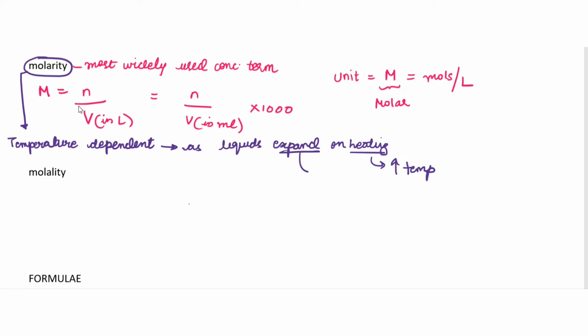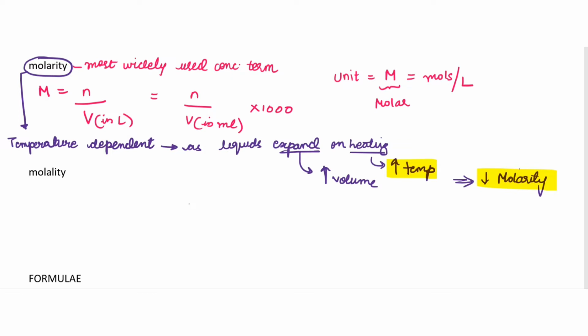So what happens when we increase temperature? Volume increases, so molarity decreases. So remember, molarity is that one concentration term which is dependent on temperature. Whichever quantity has volume involved in it will be dependent on temperature.